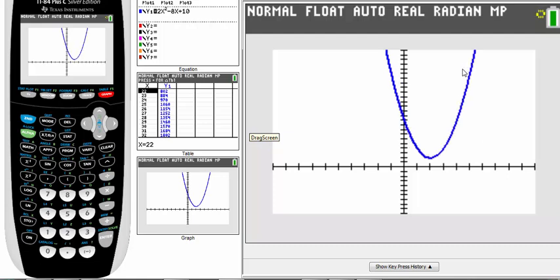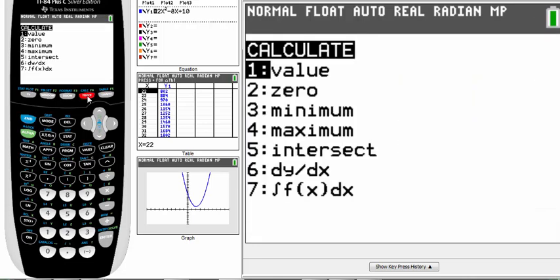Okay, so this is definitely a parabola that opens up. We know that because the value of 2 out front is positive. So parabola opening up. Now if I want to find this vertex, it looks like it's about 2 on the x, maybe 1 or 2 on the y. To find out for sure, I can go to second calc, and then I choose whether that was a minimum or a maximum.